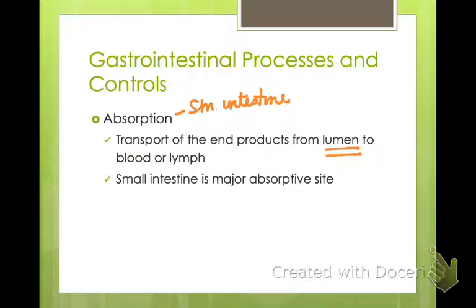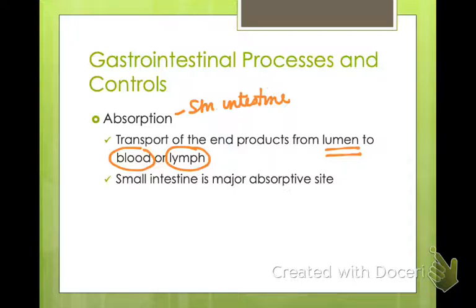Remember, the lumen is just the opening of the digestive tract, and it's going to take the end products in the lumen to the blood or the lymph system, depending on where it will dissolve and move easier. Things that are water soluble are going to go in the blood. Things that are lipid soluble will go in the lymph. Most of it's going to be taken back to the liver and be processed there, and then whatever's needed by your body will be sent out to your body from the liver.